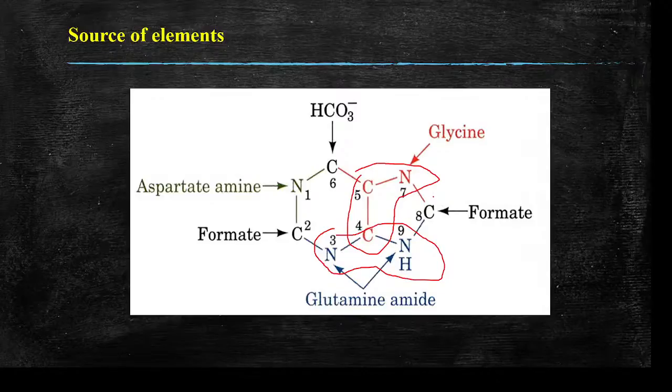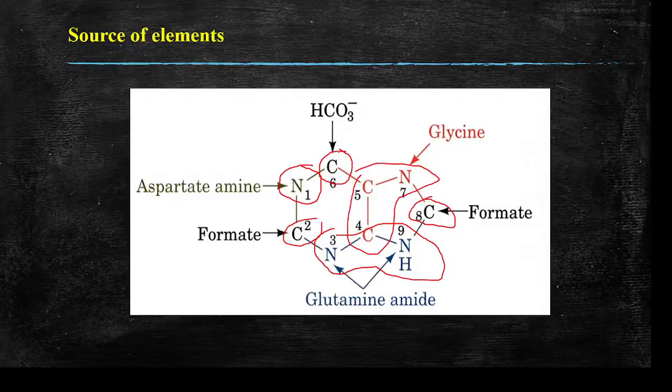N-formyl tetrahydrofolate, here referred as formate, is going to contribute 2 carbons, C2 and C8, and aspartate amine is going to contribute 1 nitrogen, that is N1, and bicarbonate is going to contribute 1 carbon, that is C6.